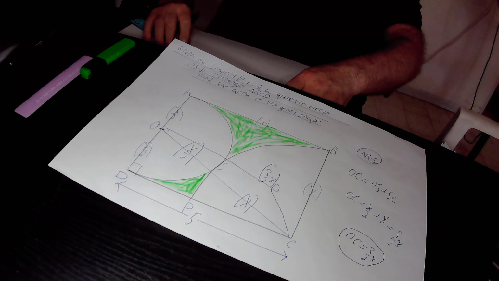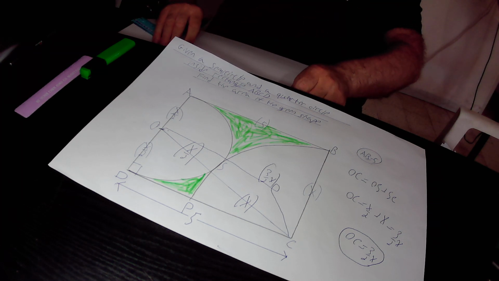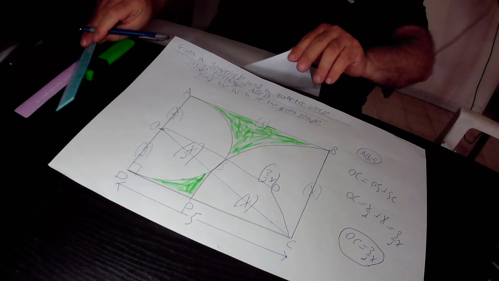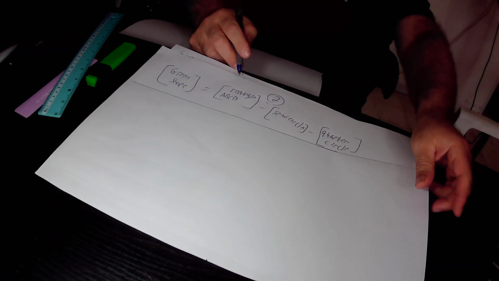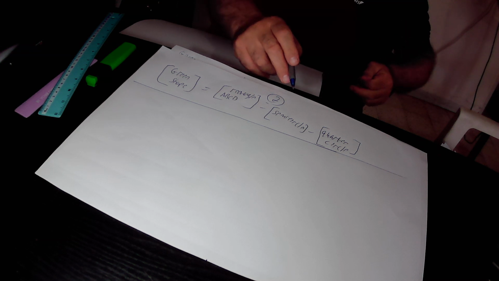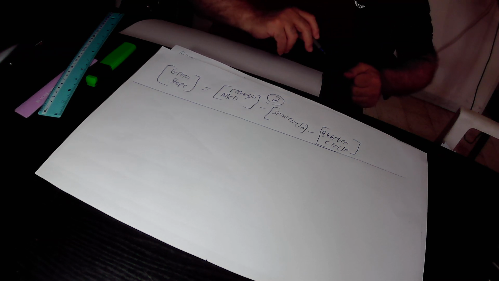Repeating again, the area of this green shape equals the area of rectangle ABCD minus the area of the semicircle minus the area of the quarter circle.